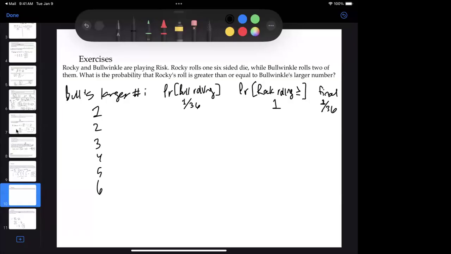And then the probability that Rocky rolls one number that's greater than that is probability 1, right? Because any number Rocky rolls will be greater than or equal to 1. So for that case, we have 1/36 times 1 as the final probability. And then you count and do this for all the cases, and finally you add them all together. Does that make sense for everyone?